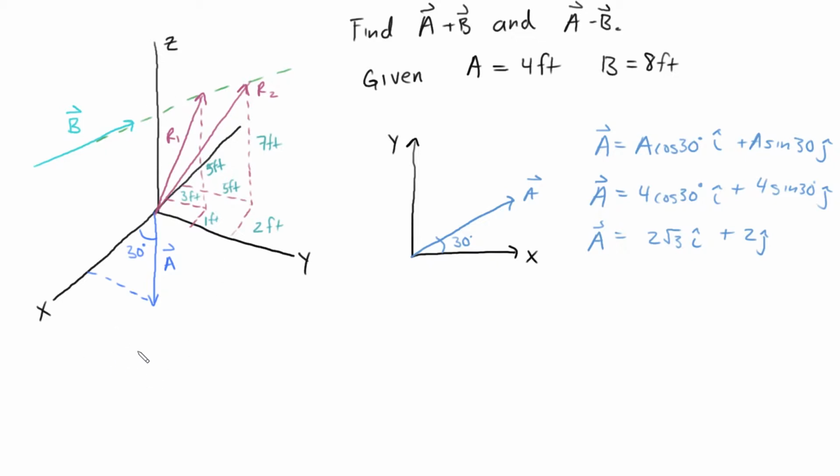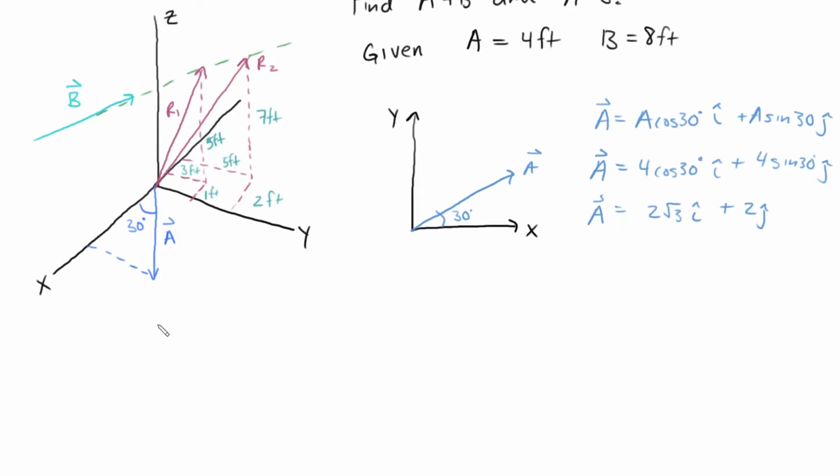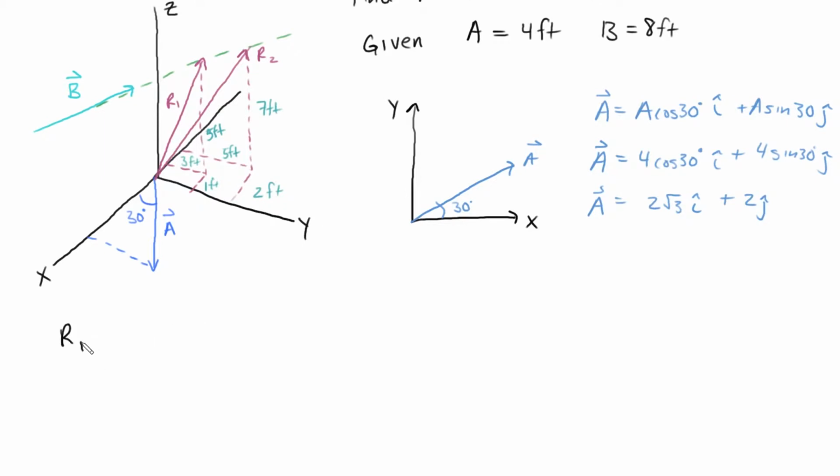So what we're going to do, we're going to define r1 to be this. Since we're given all the components, we could just simply use that to use vector notation. So we define x to be positive in this direction, so any x value in this direction has to be negative.